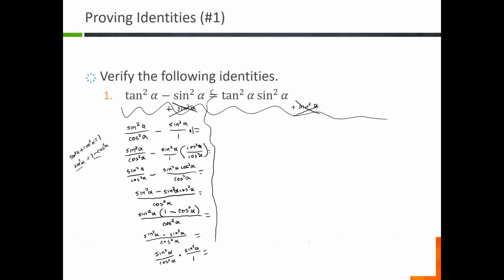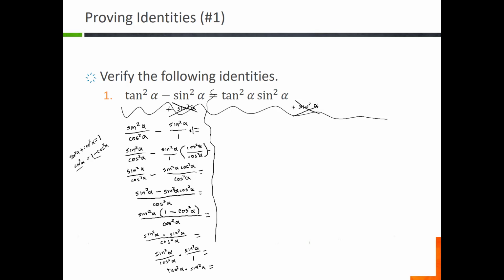Why did I do that? Well, what am I trying to get to again? Tangent squared times a sine squared. What's sine squared over 1? Sine squared. What's sine squared over cosine squared? It's tangent squared. So it turns out that this is actually tangent squared alpha times sine squared alpha.